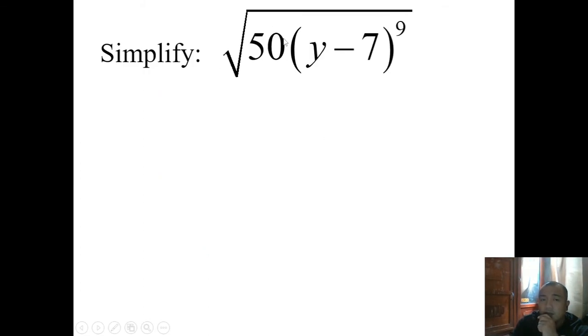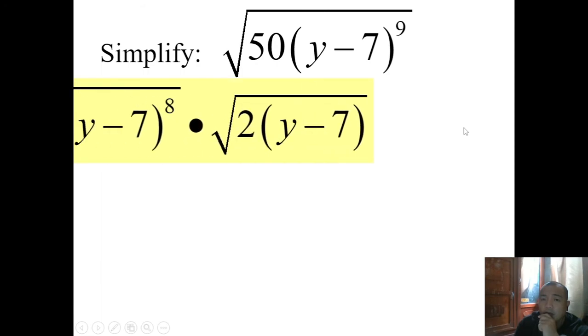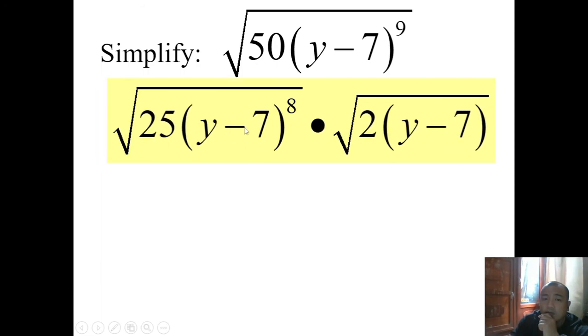How about this? First factor 50: 25 times 2. And for this one, we're going to factor. One of the factors is quantity y minus 7 raised to 8, and the other one is y minus 7. 25 times 2 is 50. So we can now simplify it.